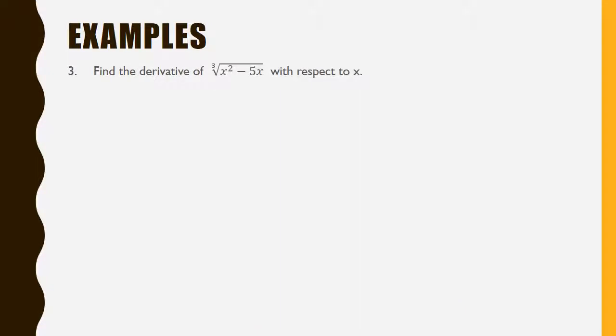One final example. We're wanting to find this derivative here. When it says find the derivative, we need to have some way of writing this. We could either let y equal our function. Another way is saying that I'm going to differentiate this function here, and I might even rewrite it with powers instead.